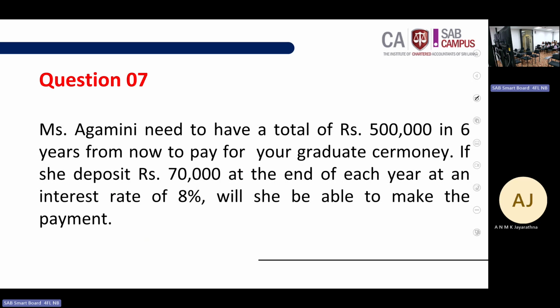What it does? Simply, if you deposit 70,000 for how many years? For 6 years, will you be able to cover this 500,000? Right? How can we calculate?